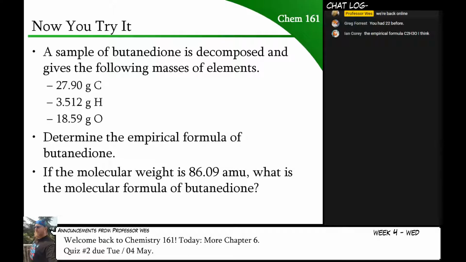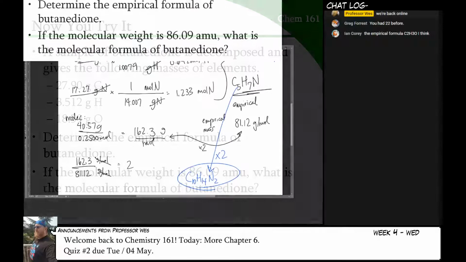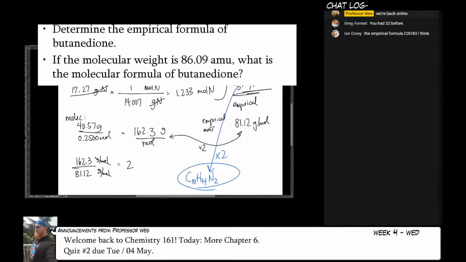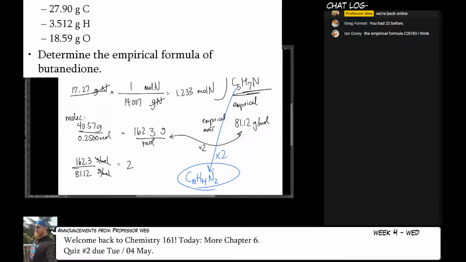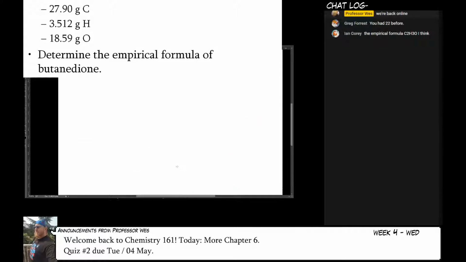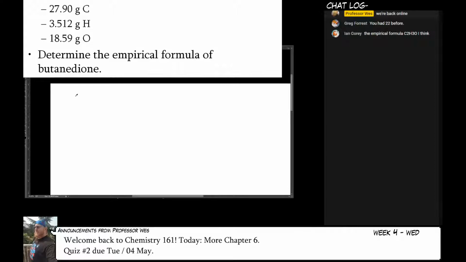All right, let's go over the answer here. So I got to go over here to do that. All right, so let's do this part first. Got to clear this guy. And all right, so we're going to turn everything into moles.